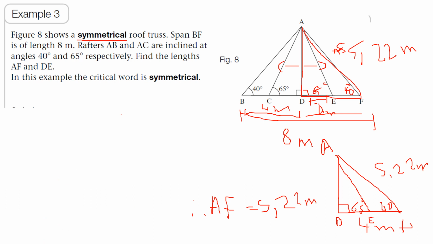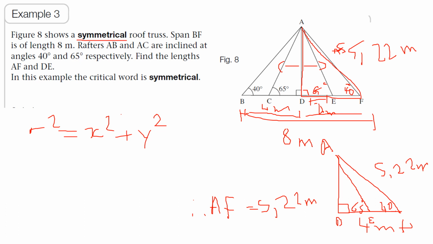On the bigger triangle, we can say r squared is equal to x squared plus y squared. On the bigger triangle ADF, your hypotenuse is this one and your adjacent is this one. That means you will be able to find the length of AD.